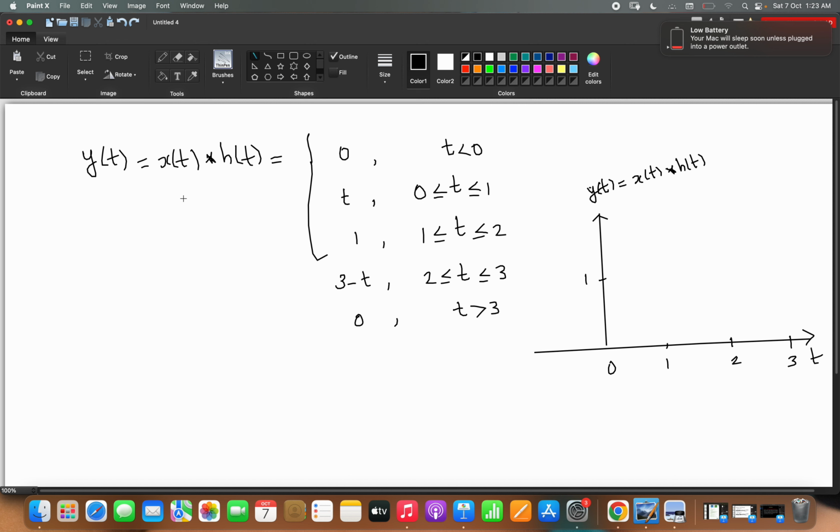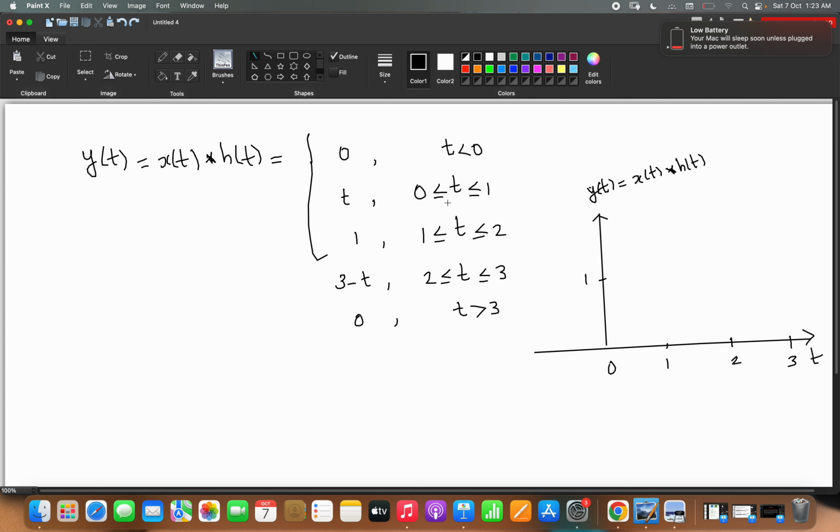Since they are asking you to find the convolution using the graphical method, we have to represent the answer y of t, which is nothing but x of t convolution h of t, in graphical form. So here the y-axis is y of t and the x-axis is t. It's not tau here.